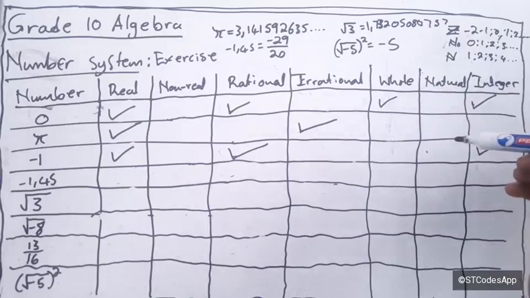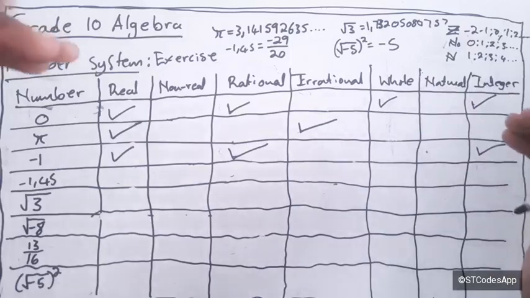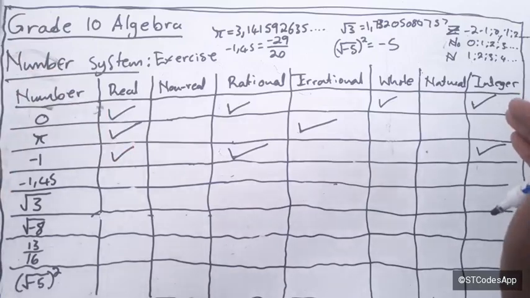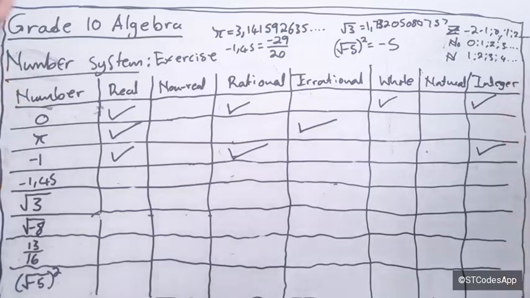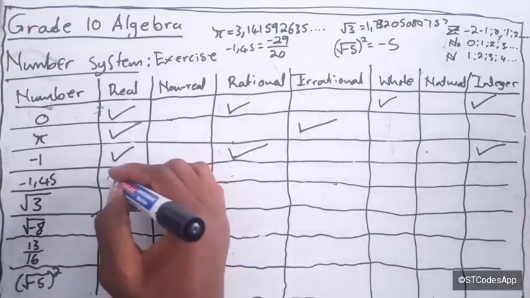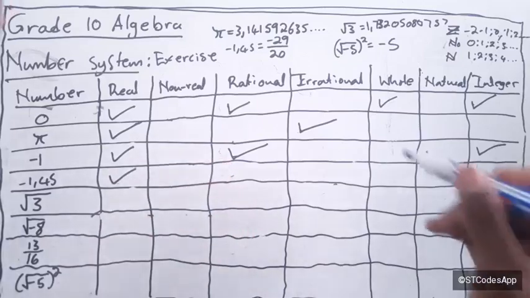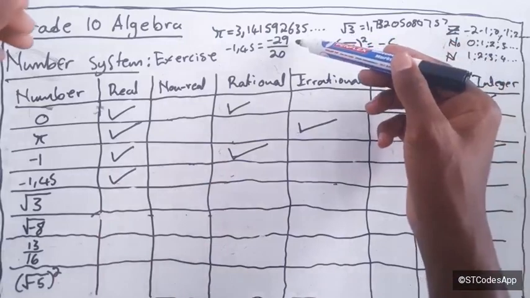Moving on, to see the type of number a number is, plug it in your calculator. So -1.45. If you type in -1.45, you'll get -1.45. That's the answer, right? Telling you that it's a real number. If you press S-D, you will get -29 over 20.